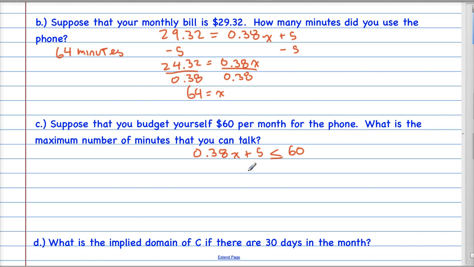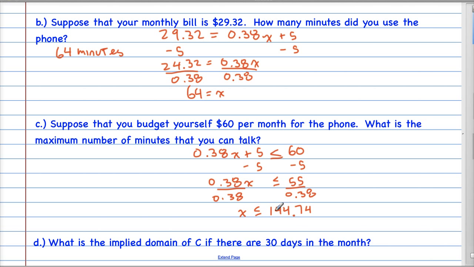So now I can solve this for x. I subtract 5 from both sides, so now I have 0.38x is less than or equal to 55. Divide both sides by 0.38. So 55 divided by 0.38 gives x less than or equal to 144. Well, this is not a dollar amount, this is minutes.